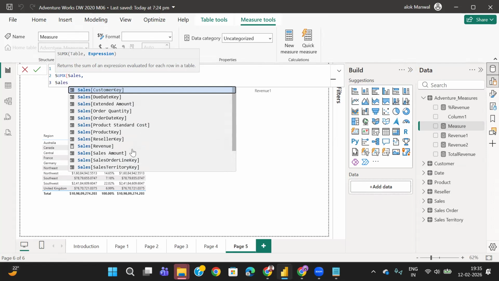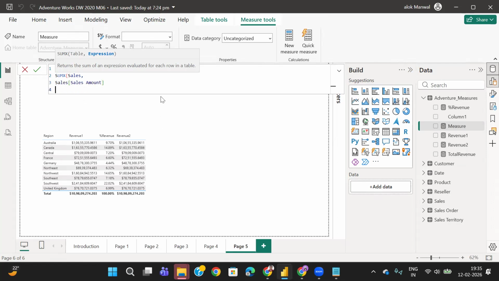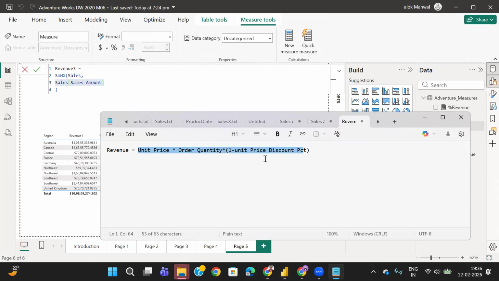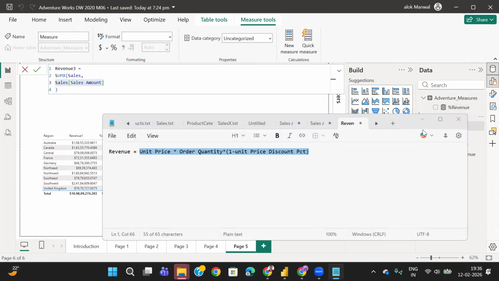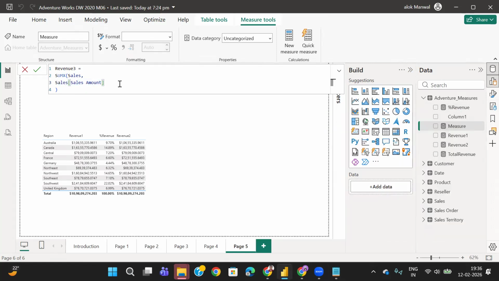So it means we have to remove this sales amount and replace it with this one. How are we going to do that?